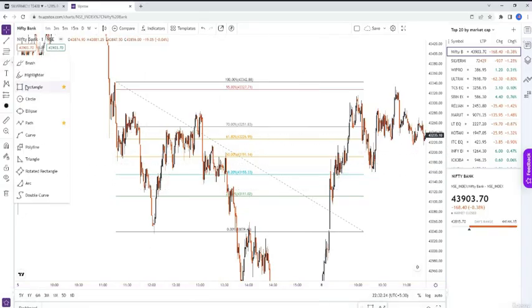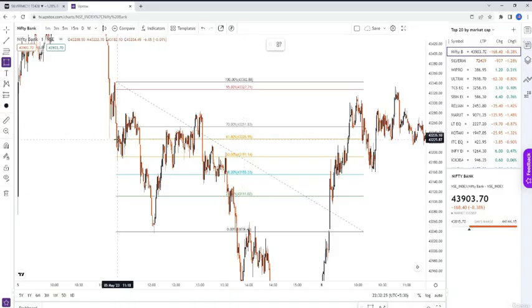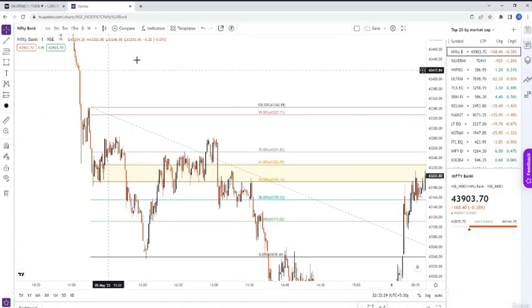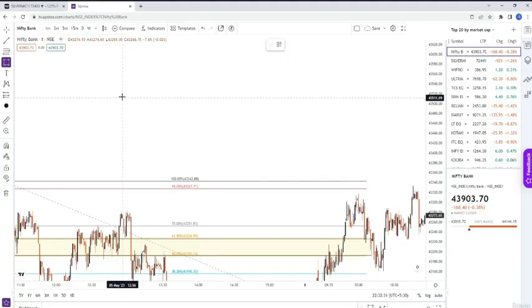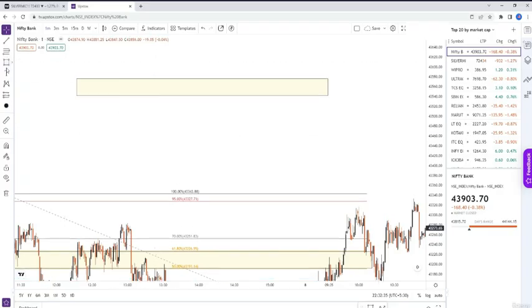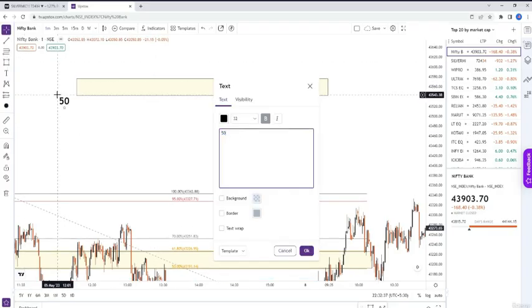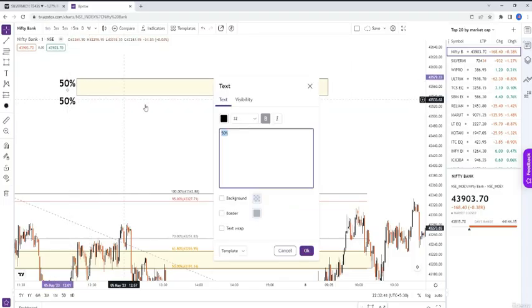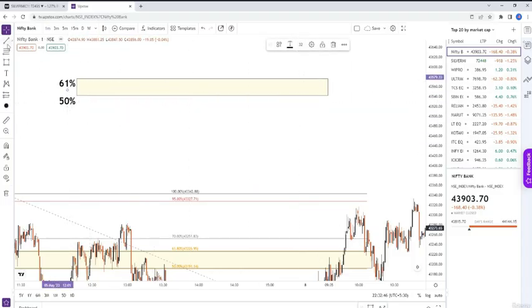So this is a zone, you see. In case of selling, it's opposite. This will be 50%. It will be 61%. And you will have one line here, 70%.